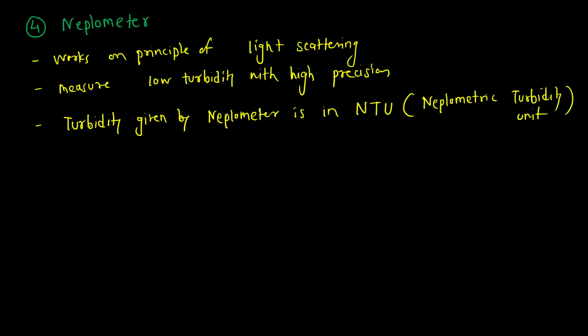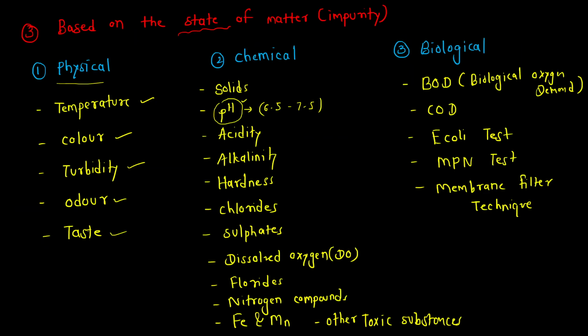These are all the physical impurities that we have studied: temperature, color, turbidity, odor and taste. One more point to keep in mind is that these physical impurities do not cause any severe health problems, but just due to human psychology we have to remove them. Let's say the color. In most cases it is not hazardous to human health.